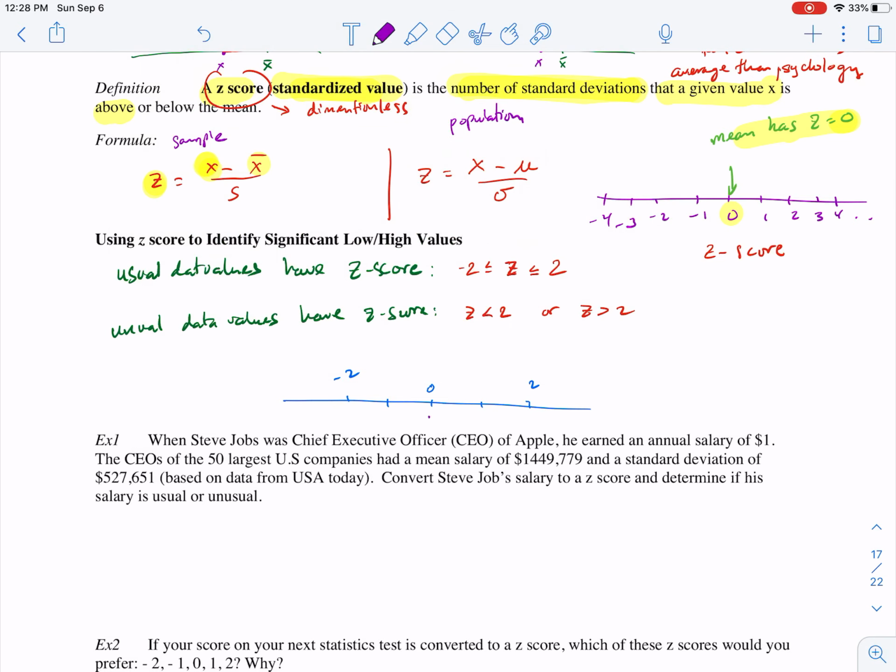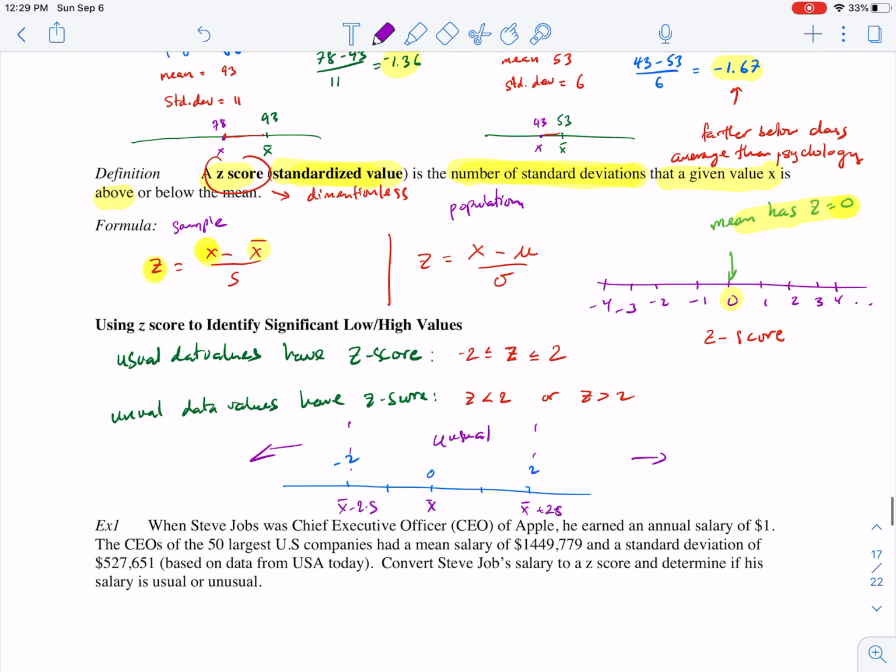So that's the mean there, that's the mean plus 2 standard deviations there, and that's the mean minus 2 standard deviations. So this is the usual range, and that's the unusual range, right? Okay, so that's just extending what we already know using the new language and new notation, or the new variable. In this case, the variable is Z.